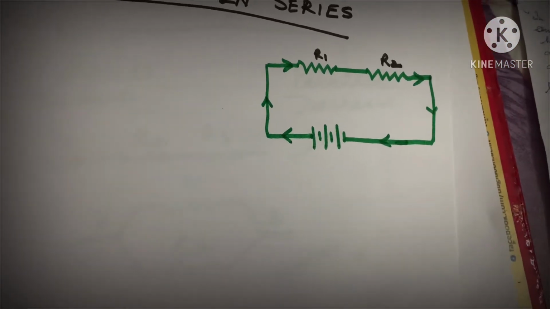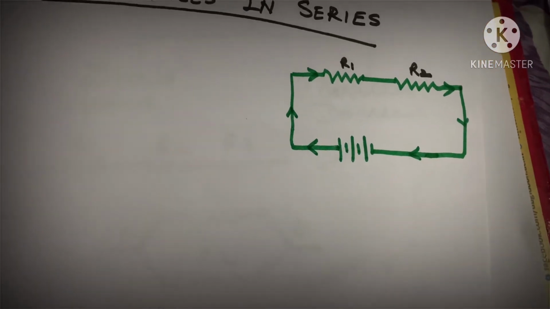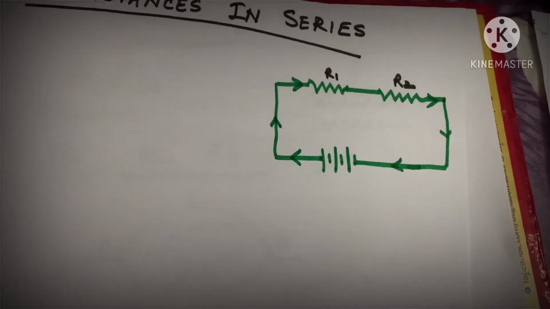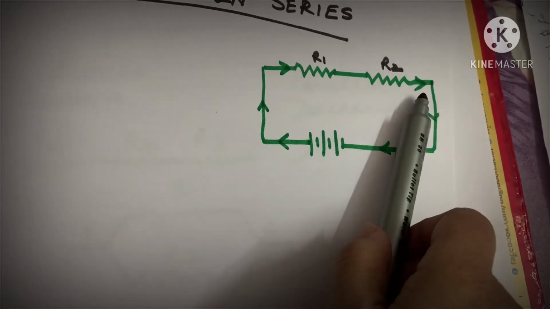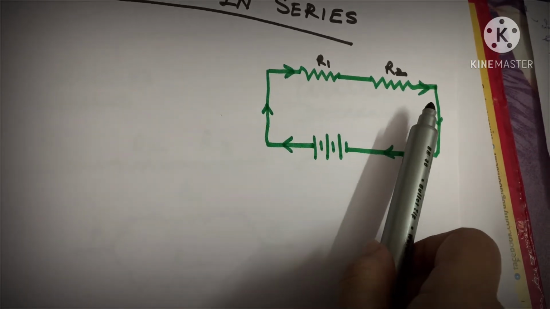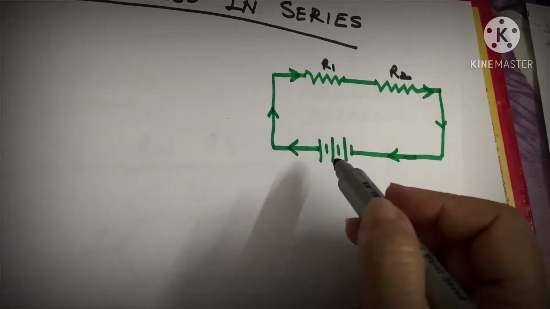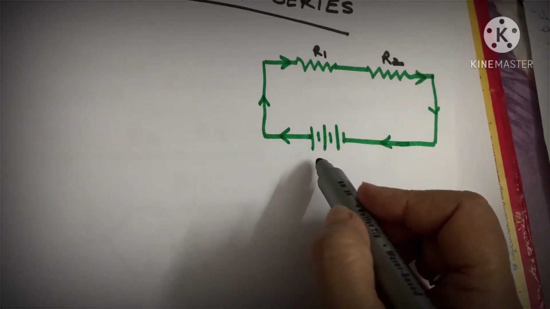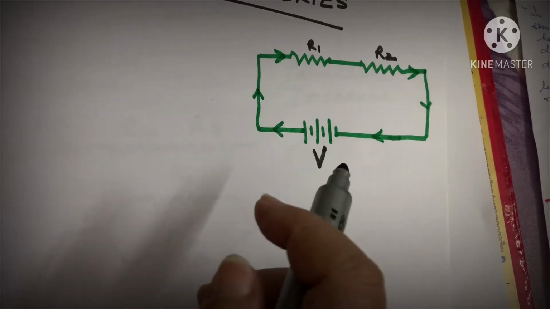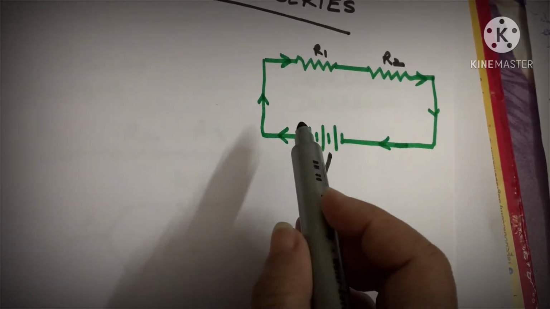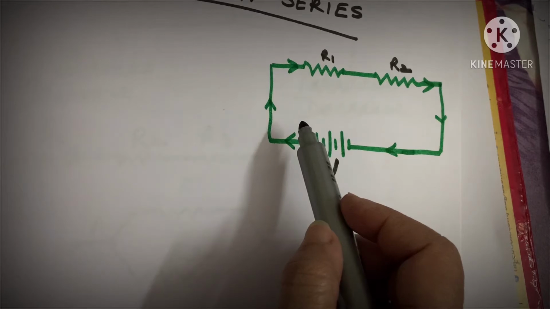Now this circuit diagram shows the two resistances R1 and R2 connected in series. A battery of V volt has been applied to the ends of the series combination.